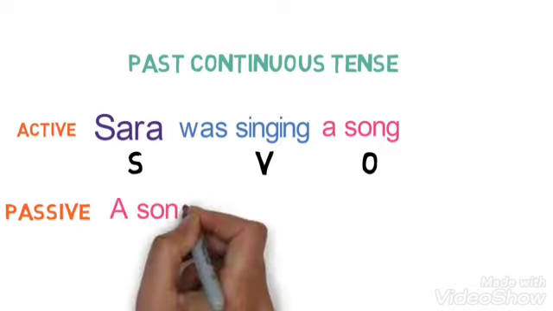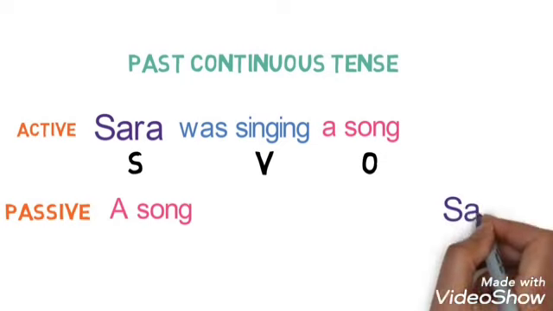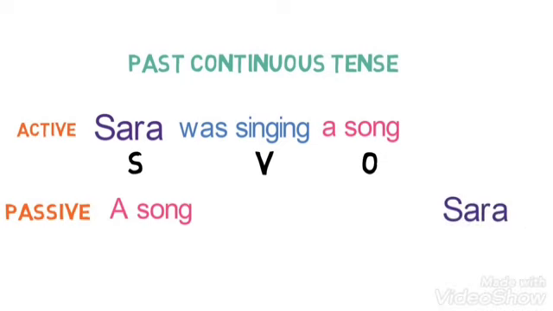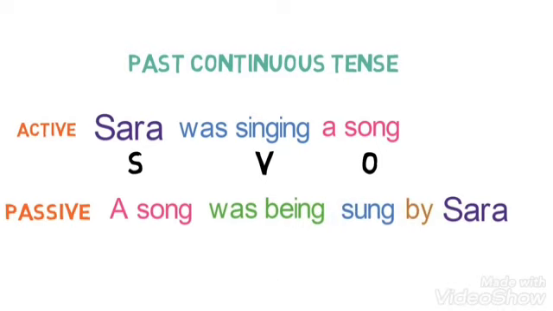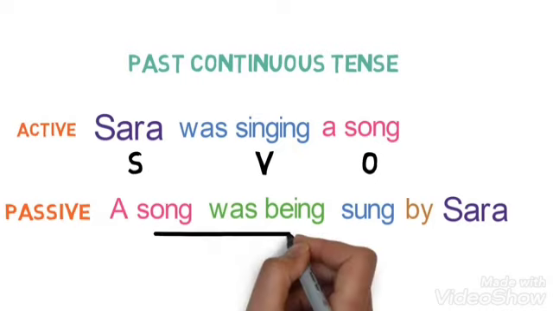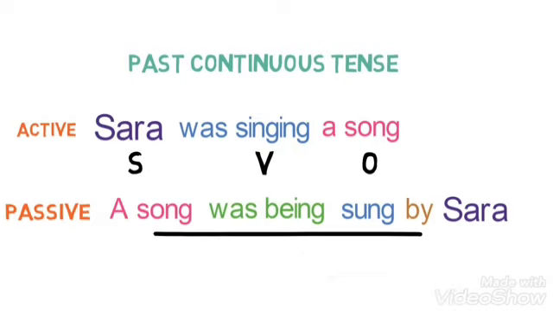The third one, convert to V3 form. Fourth one, add helping verb. Fifth one is add preposition. Now the passive sentence is "A song was being sung by Sarah."